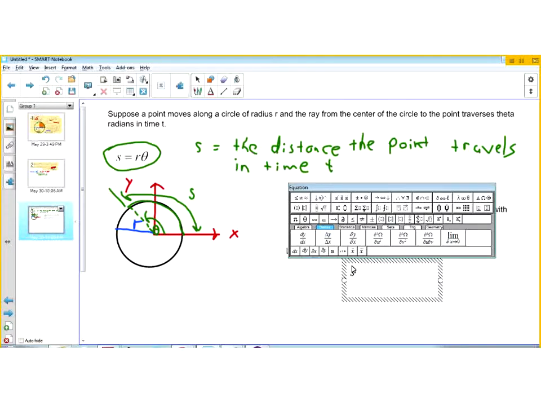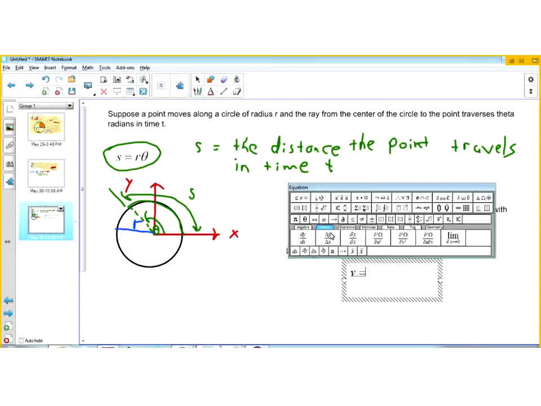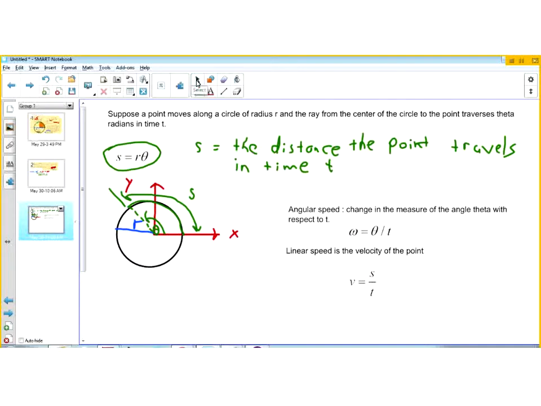V is equal to, that's your linear speed, s, your distance traveled on the circle, divided by the time it takes. So that's your linear speed.